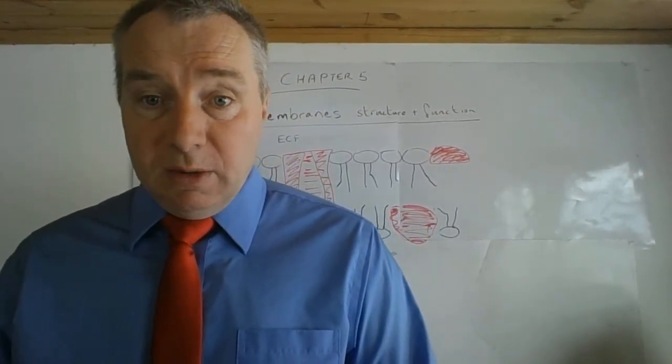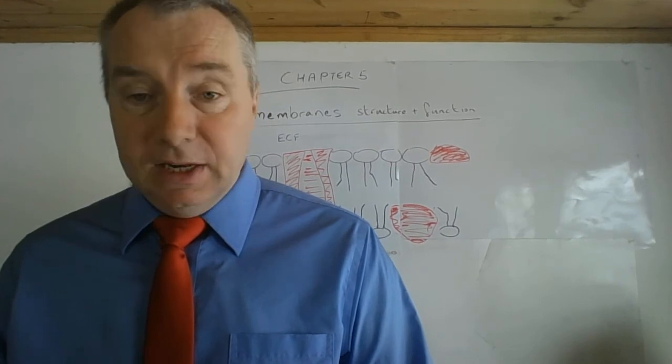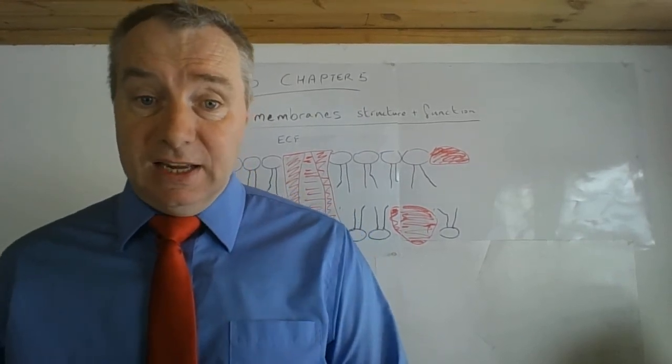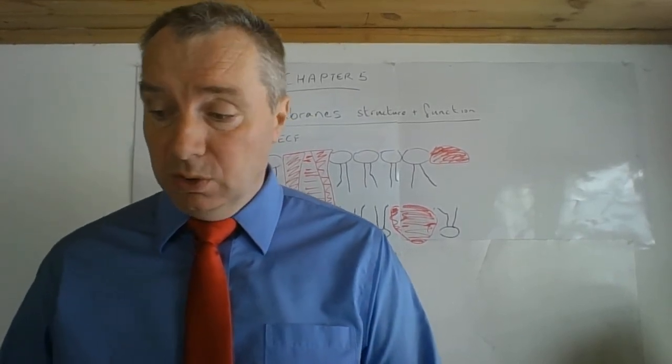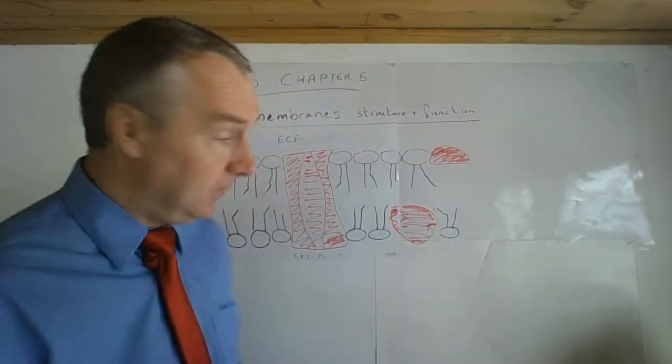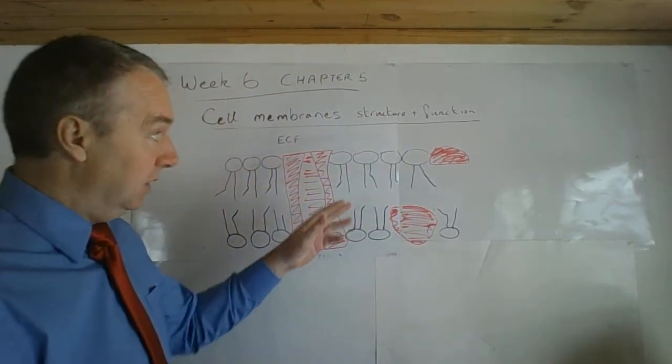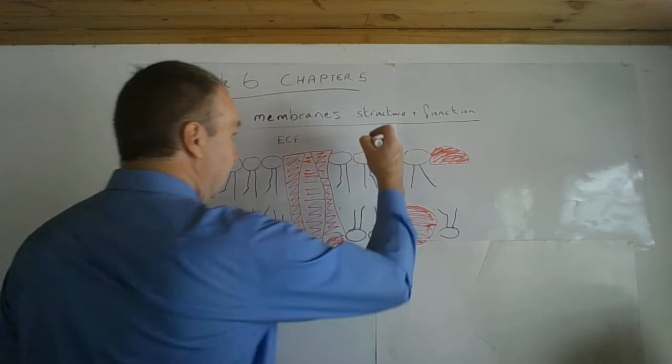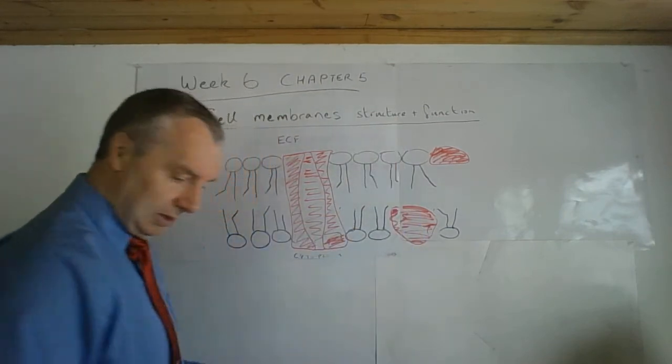So we were talking about selective permeability, and that basically means that only certain molecules can pass through. So we'll say selective permeability. Let's say we have a potassium molecule. Let's use a different color.